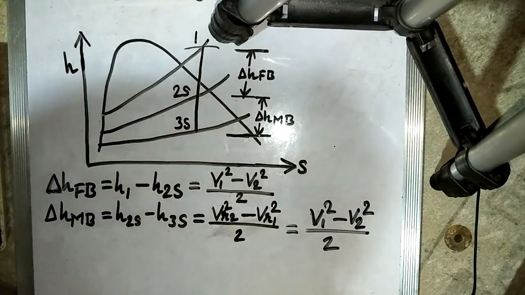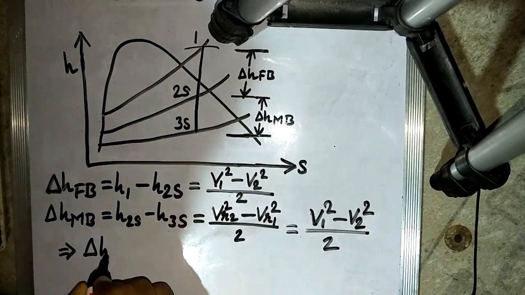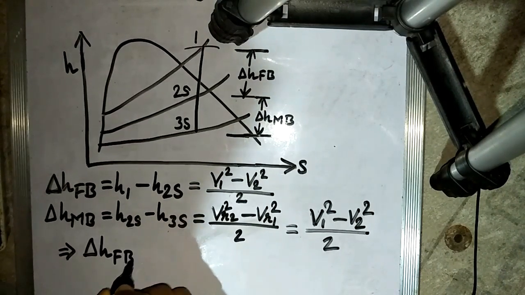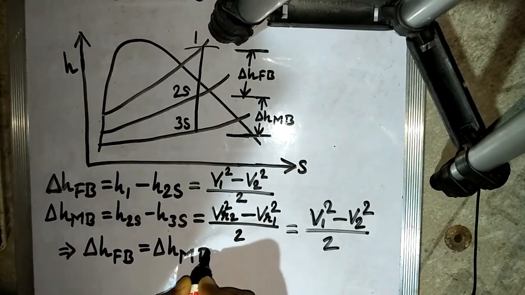So from these two expressions we can write that the enthalpy drop in the fixed blade is equal to the enthalpy drop in the moving blade.